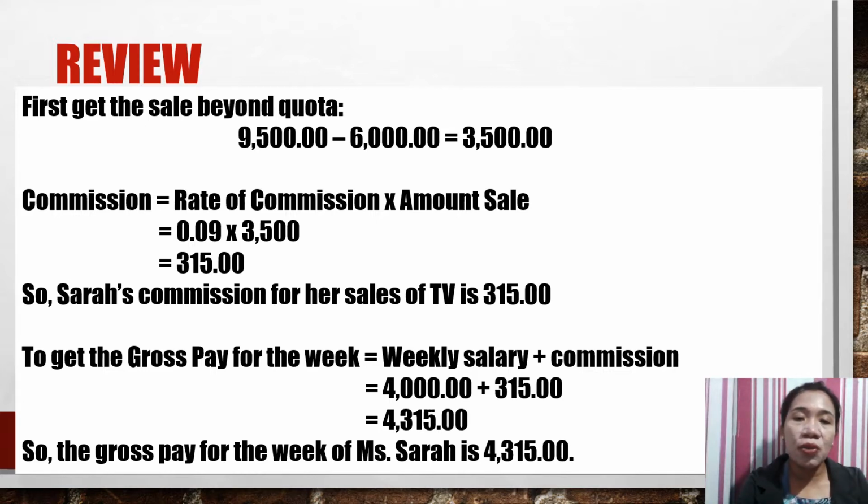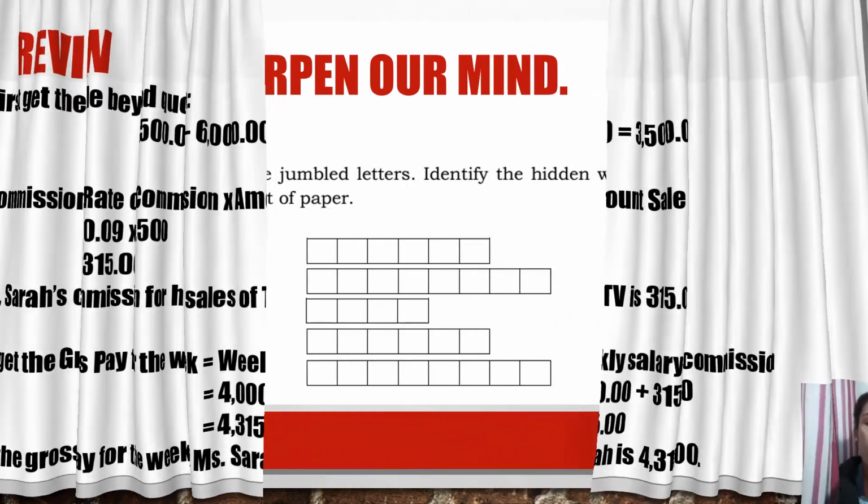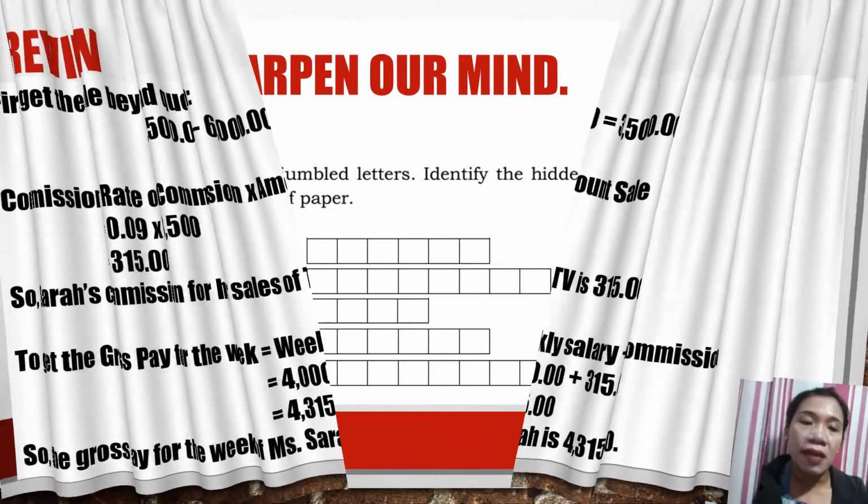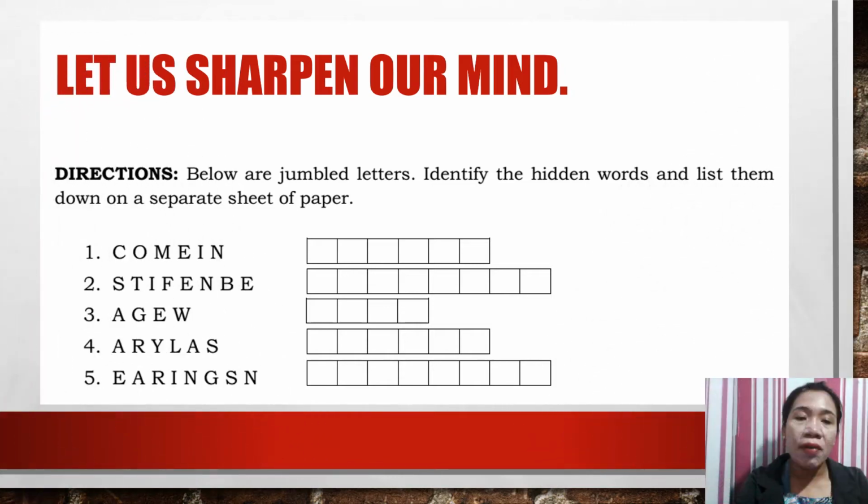Let us try to sharpen our mind. Directions. Below are jumbled letters. Identify the hidden words and list them down on a separate sheet of paper.